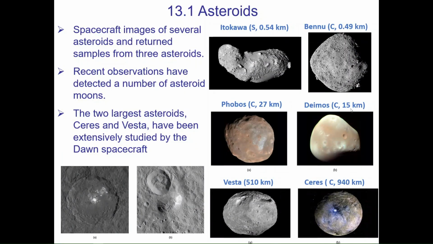If you look at asteroids compared to planets, most of them are not differentiated bodies. You can see none of them, at least from this image, has an atmosphere. So the surface is pretty simple compared to other objects such as planets or the big moons in the solar system.